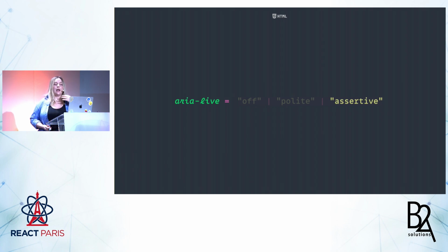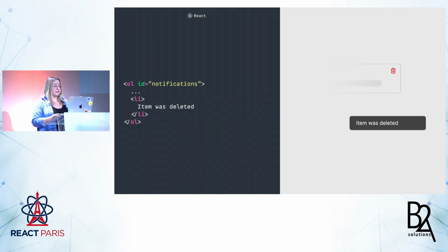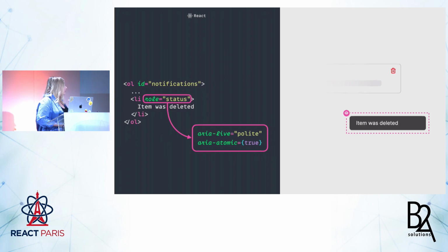If you have something like toast or notifications region within your page, we can add, let's say, ARIA polite to each notification, and therefore it will be announced to the user. Another way to do it is also using the role attributes.